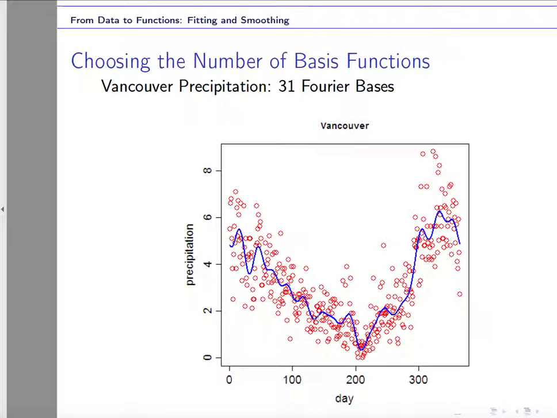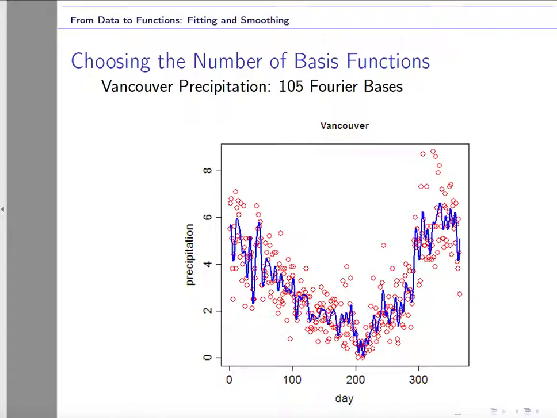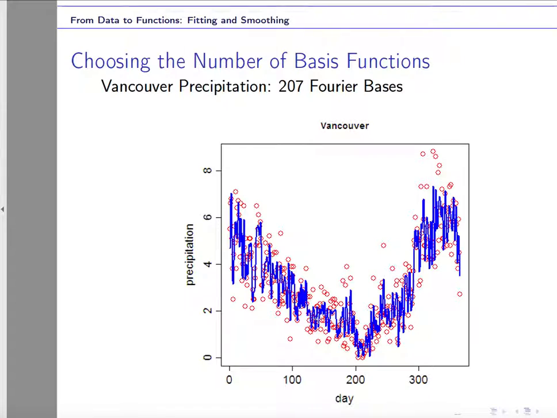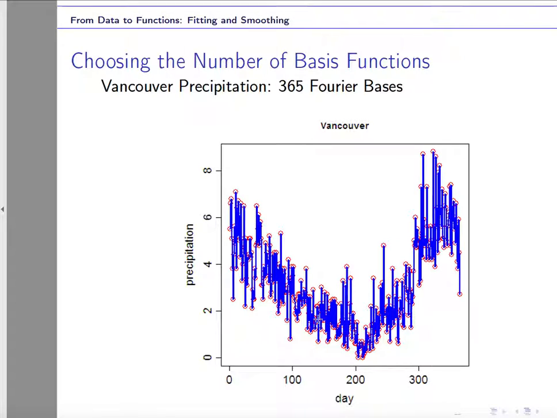If we use 365 Fourier basis functions, because we only have 365 data points, we are able to go through each data point, so the fitted error will be 0. But we know this is definitely overfit, right?